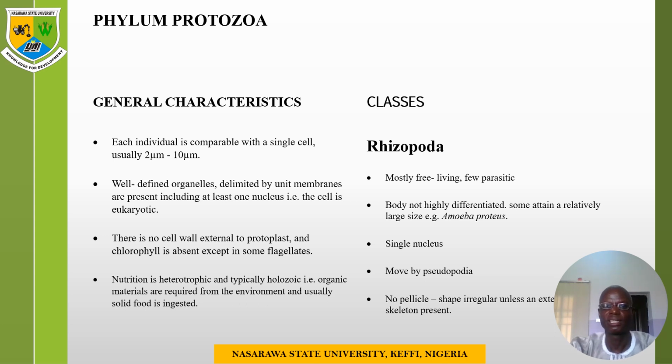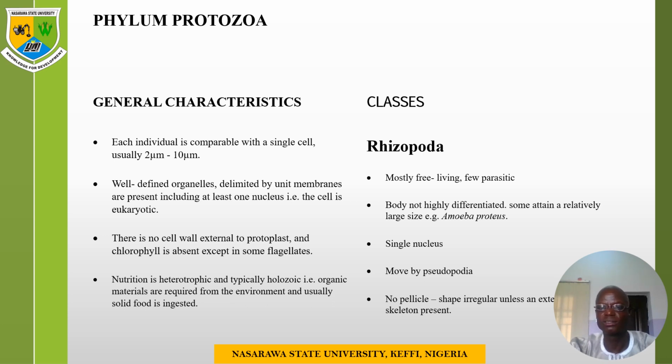ingested. Let's look at the various classes of the protozoans. The first class is Rhizopoda. These organisms are mostly free-living and have few parasitic forms. The body is not highly differentiated, and some of them attain a relatively large size, e.g. the amoeba. They have a single nucleus. They move by pseudopodia.